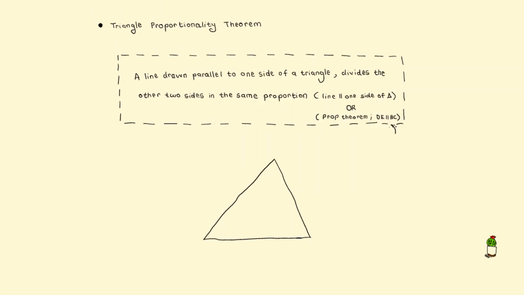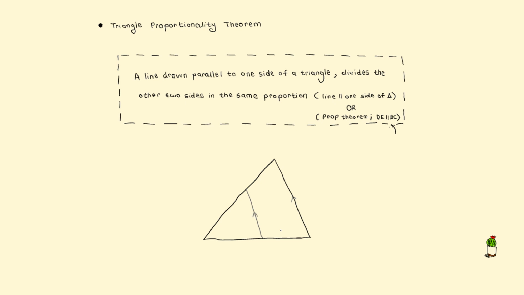Just to further illustrate what this theorem is saying, if you take any triangle and you draw a line which is parallel to one side of this triangle, so for example, if you drew your line parallel to the bottom like that, or you can also draw a line which is parallel to this side, or a line which is parallel to this other side.